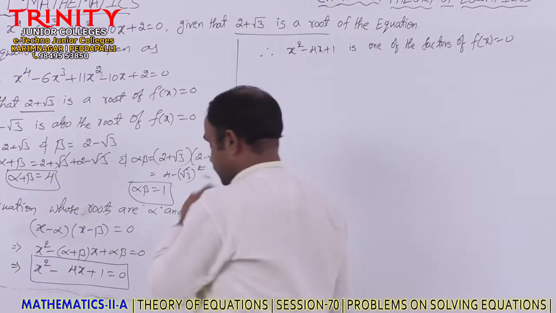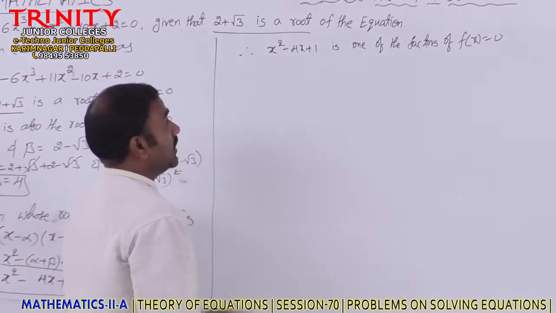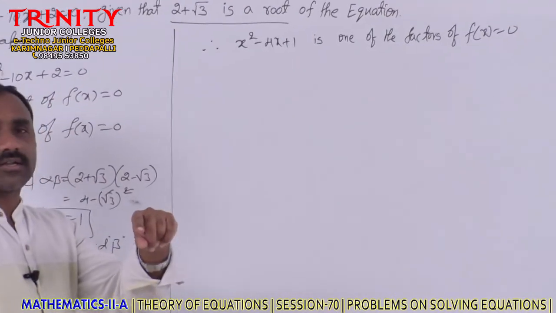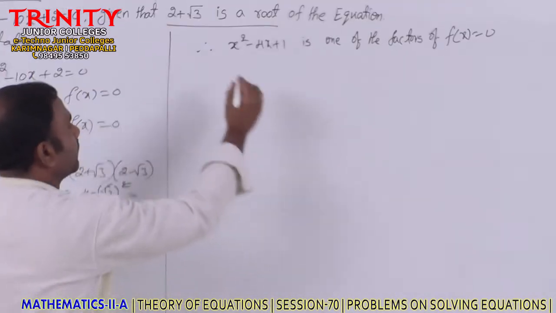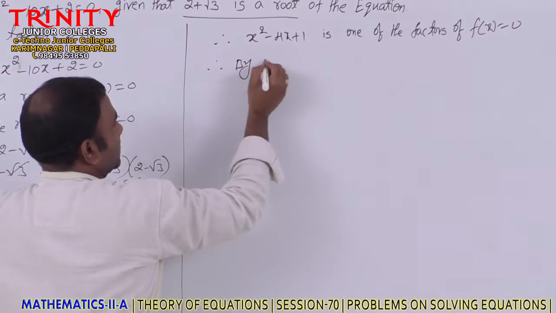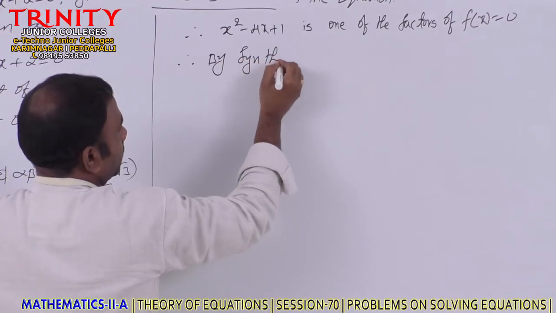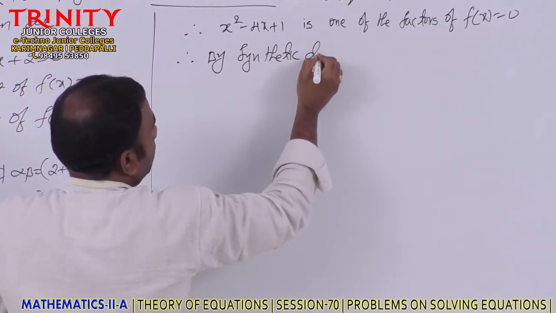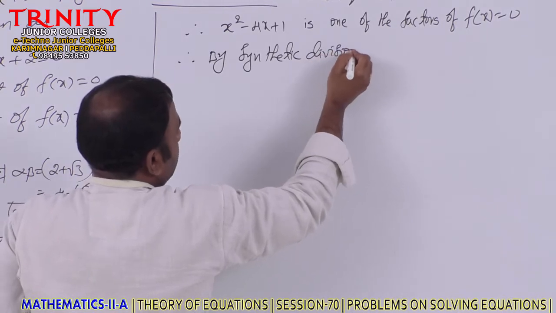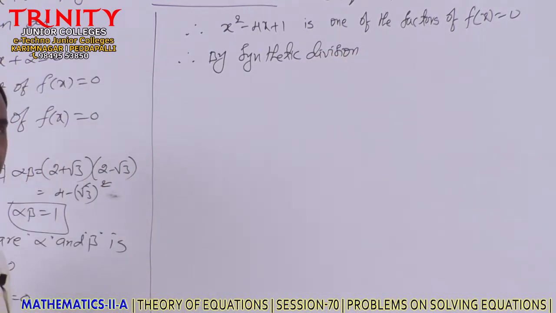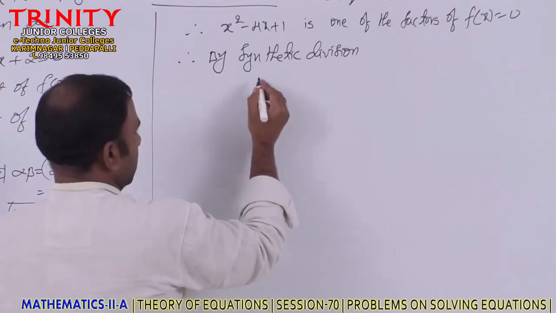Now use Horner's synthetic division. By synthetic division, we will find the other factor.